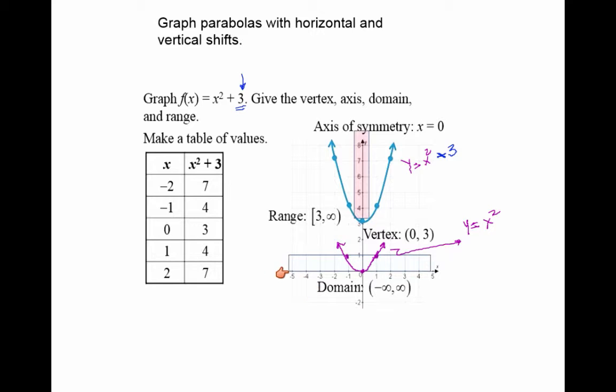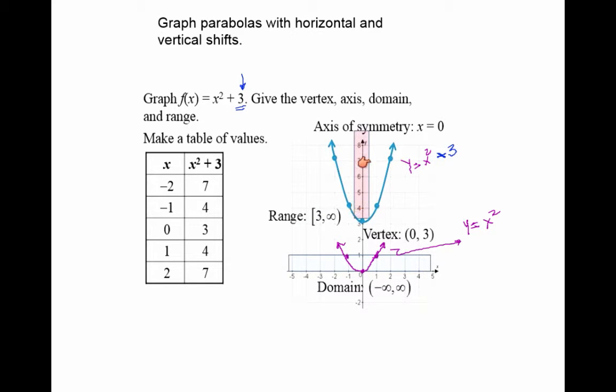Now, the domain and range. For the domain, you look at the value of x to see if there's any restrictions. This parabola here, both of these parabolas, would gradually cover all the numbers on the x-axis. There's no restrictions here. So the domain would be all real numbers, from negative infinity to positive infinity.